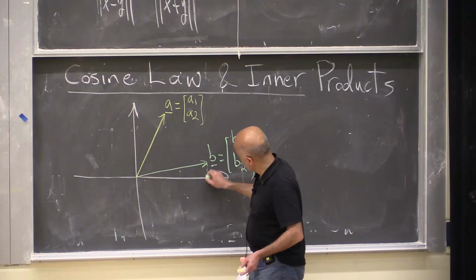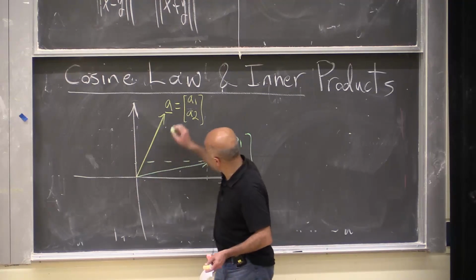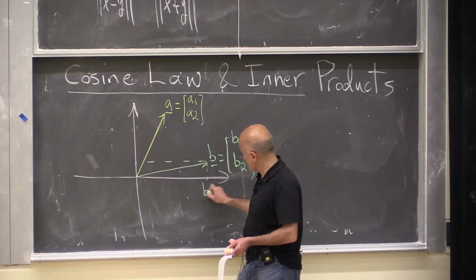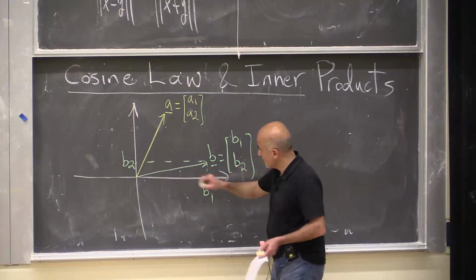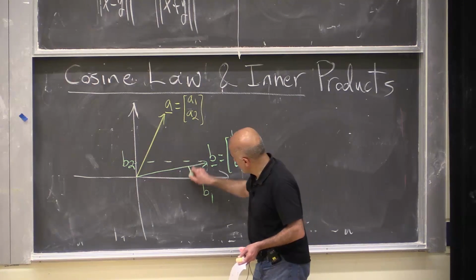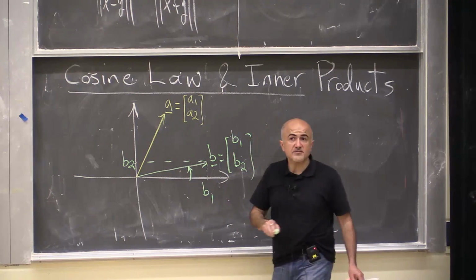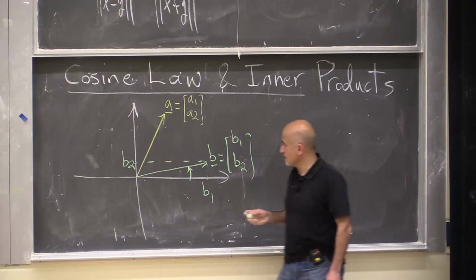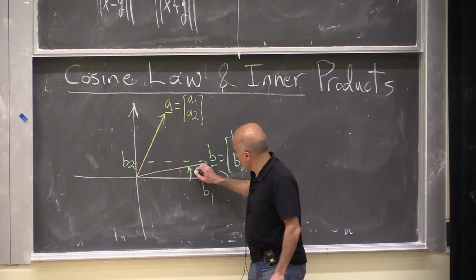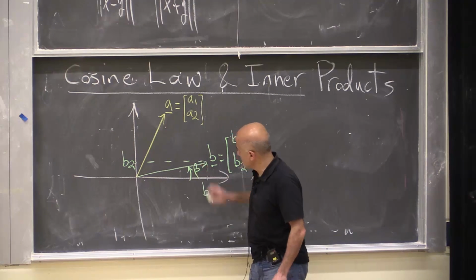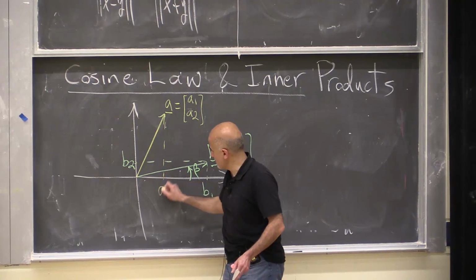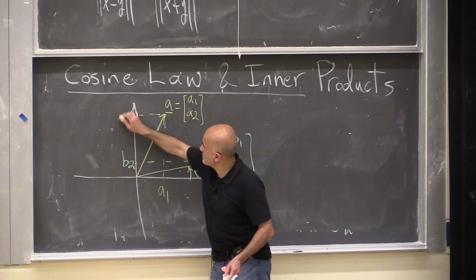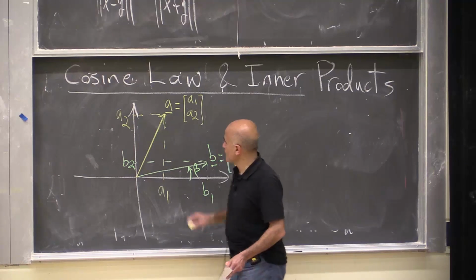And I can drop down to the axes and mark B1 and B2. And I'm going to mark this angle from the positive horizontal axis as beta. And I'm going to do the same thing with A. So this is A1, and this is A2.